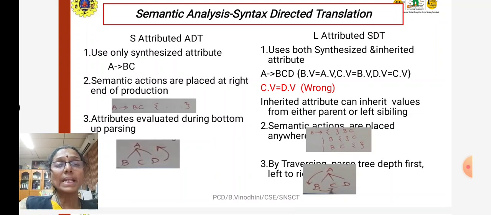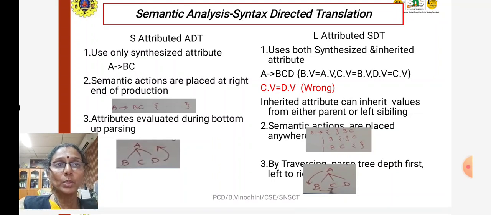The semantic actions are placed at the right end of the productions in S attributed. With inherited attributes, we can inherit values from either the parent or siblings. That is the difference between S attributed and L attributed.